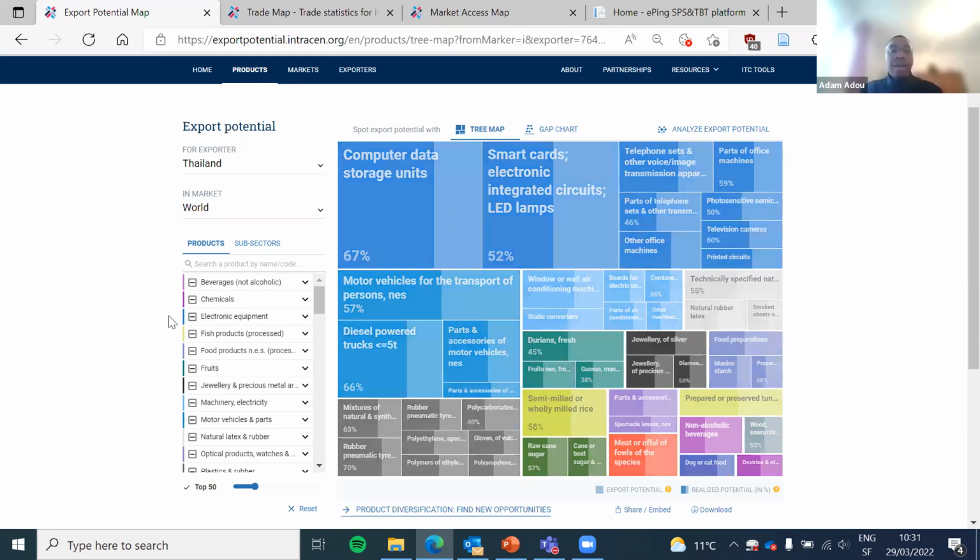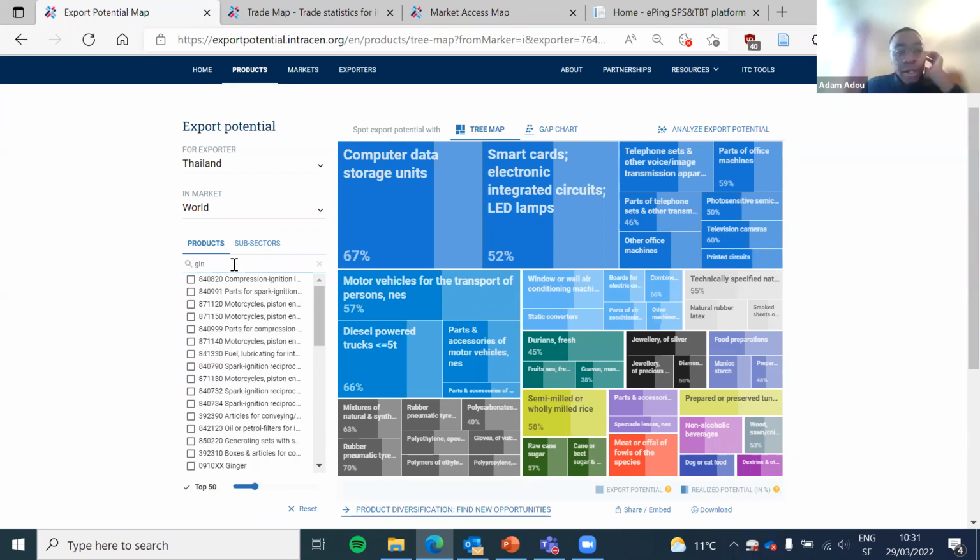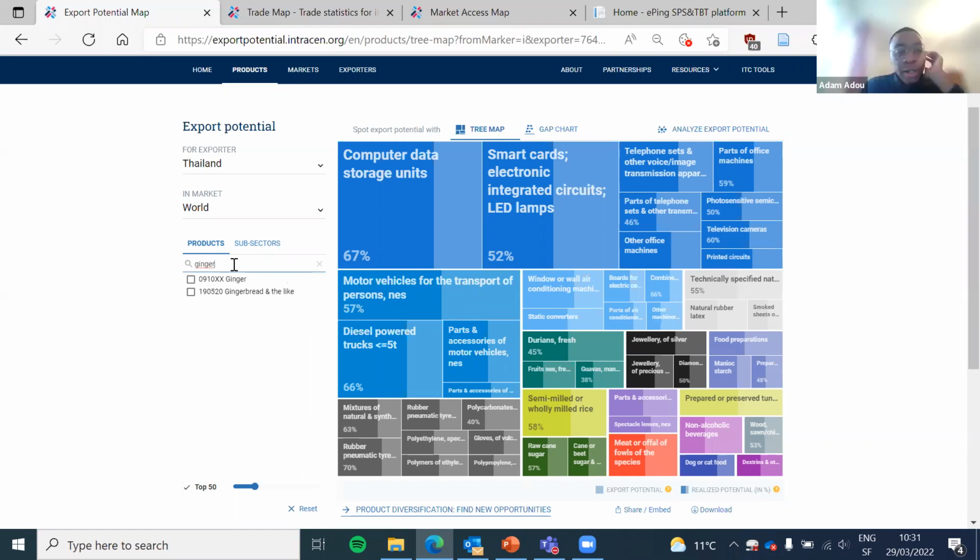Here you have a toolbar in order to look at a specific product of your interest. So I decided to look at ginger, for instance. You have the choice between writing the name of the specific product or writing the HS code. As I know, the HS code is 091011 for ginger, and we discussed this at the beginning of my presentation.